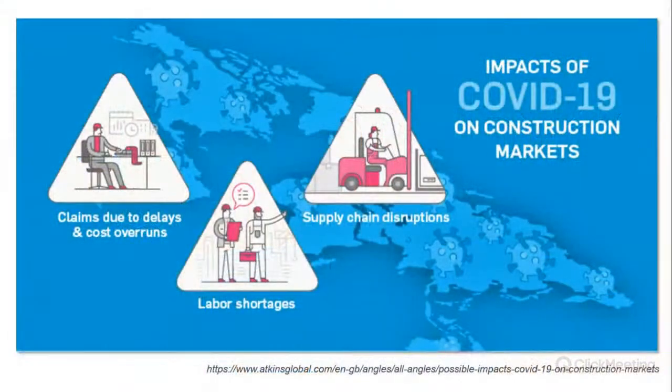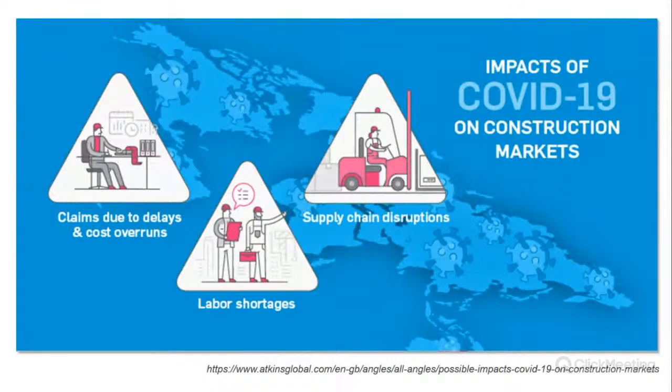So these are some of the impacts that COVID-19 has on the construction markets. According to Atkins, as the number of global cases of COVID-19 increases, its impact on the construction industry is anticipated to evolve over the coming months.